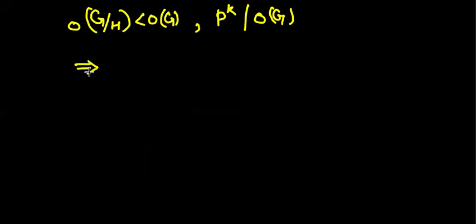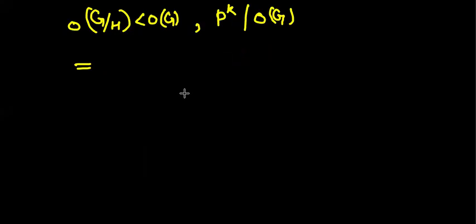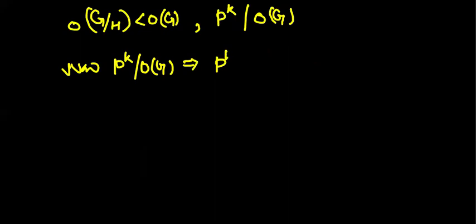This implies p^(k-1) divides order of G by p also. Let me do this properly. Now, p^k divides order of G. This means that p^(k-1) divides order of G divided by p.